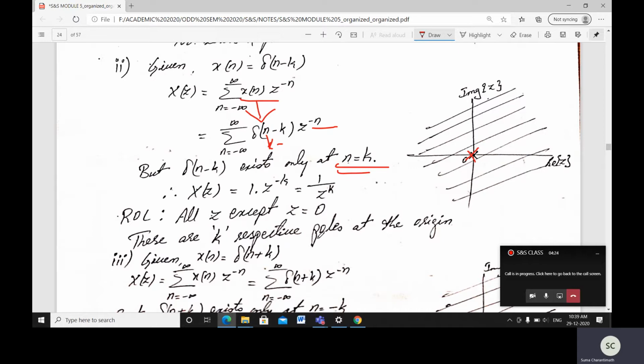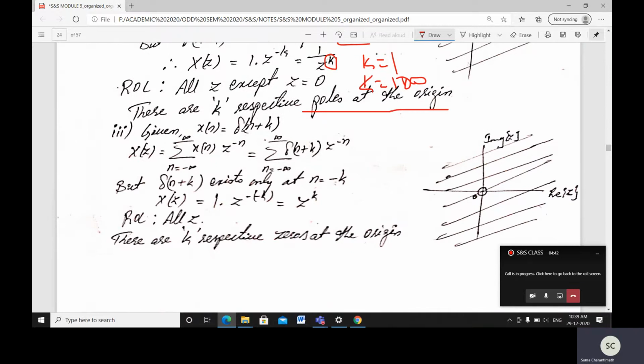The k represents the number of poles at the origin. If k is 1, then one pole exists. If k is 100, then 100 poles exist at the origin. It depends on the k value.